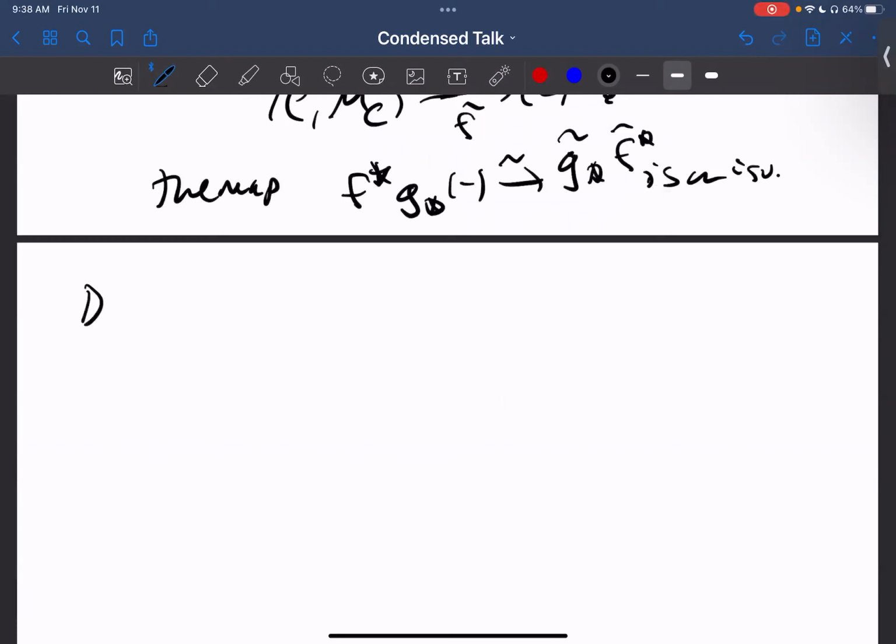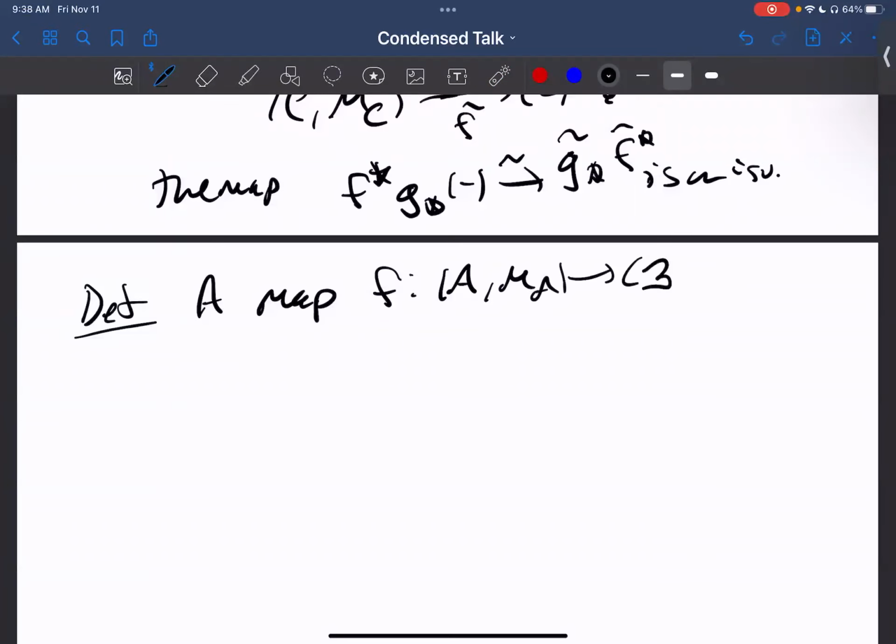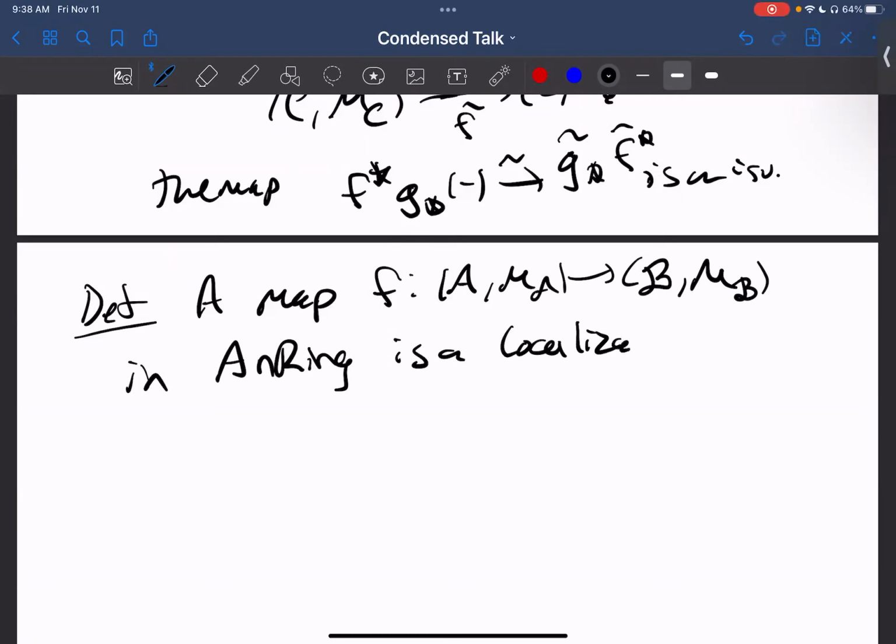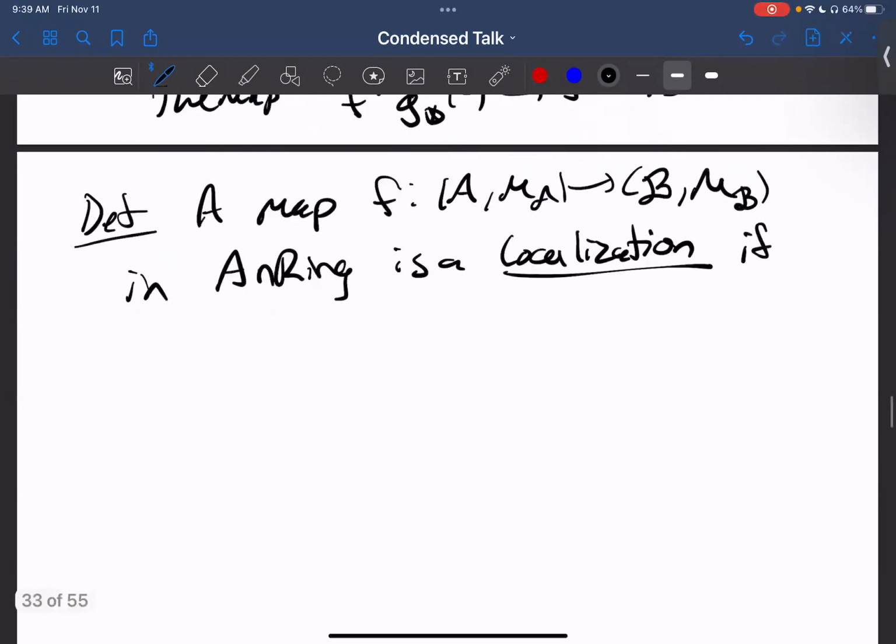That's how we characterize these steady maps. All right, next, a map from A with measures on it to B with measures on it in analytic rings is a localization if pullback is fully faithful.